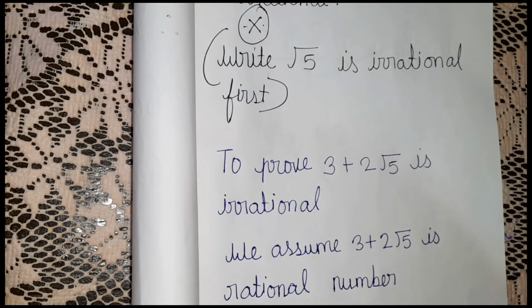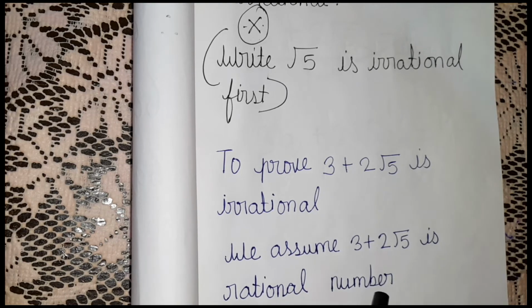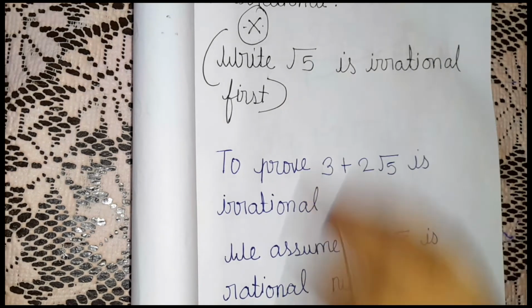In mathematics, a rational number is always in the form p by q, where q is not equal to 0, but for an irrational number that is not a concept.